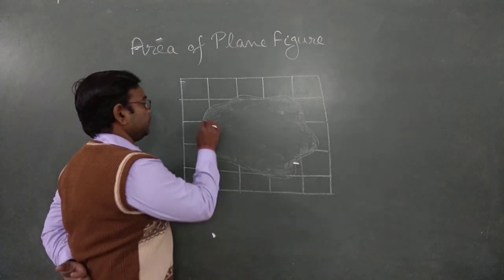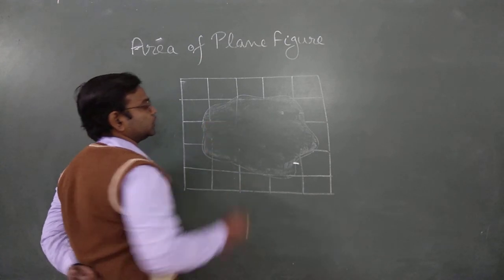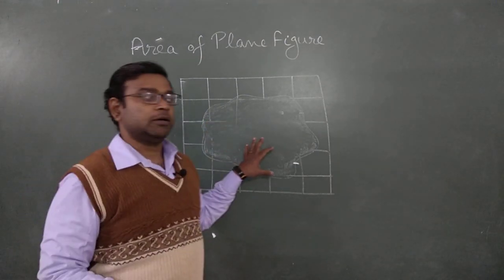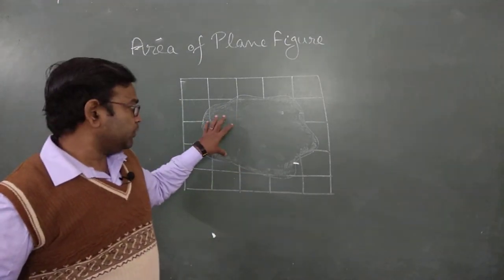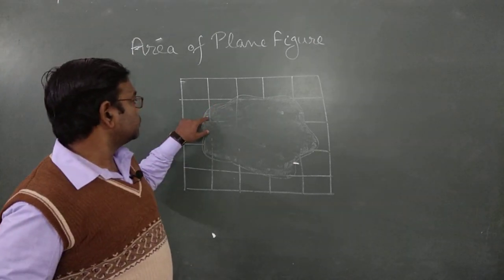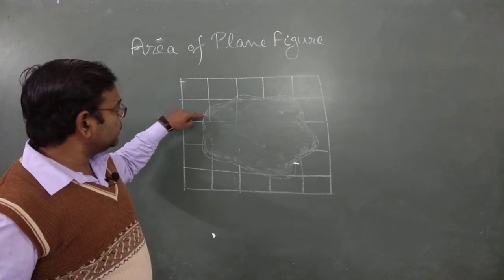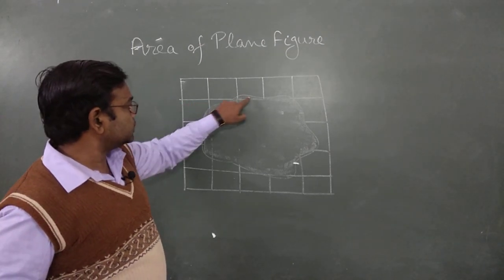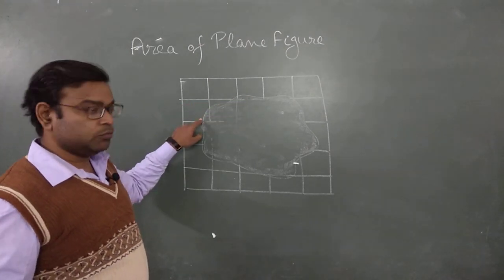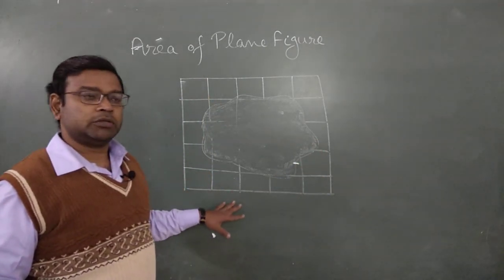So we count the number of boxes. First, those completely occupied by the figure. Then some boxes are not completely occupied. Combined with this one, we assume one. Similarly, we use our common sense to find out the area.